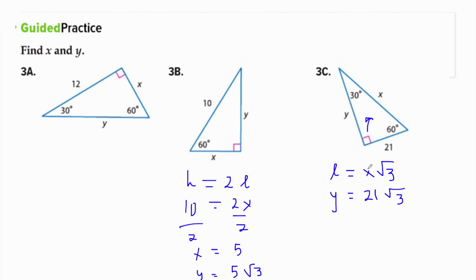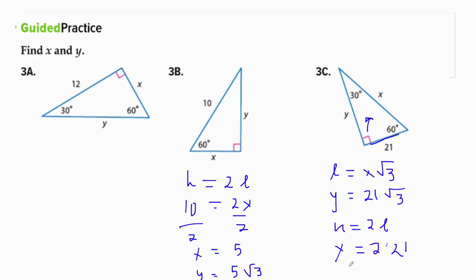Now let's find the value of x. Don't get confused with this x. This x is for this small side, for the equation. It's not the same one as this x. So let's look at this x. This x is simply our h from the rule, which is 2 times the length, okay? And our h is x in this case, 2 times 21.